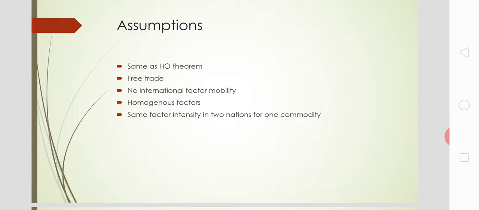That means the agriculture will be labor intensive in India, agriculture will be labor intensive in the United States as well. Similarly, the aircraft manufacturing will be capital intensive in the United States, and the same aircraft manufacturing industry will be capital intensive in India as well.